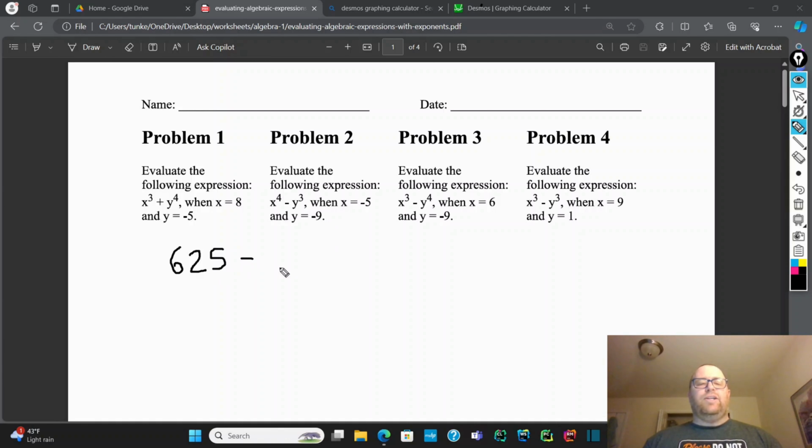And then negative 9 cubed is negative 729. So when you're subtracting a negative number, you're actually adding a positive. So I can make this adding a positive here. Okay, let's go ahead and do that. So 729 plus 625.